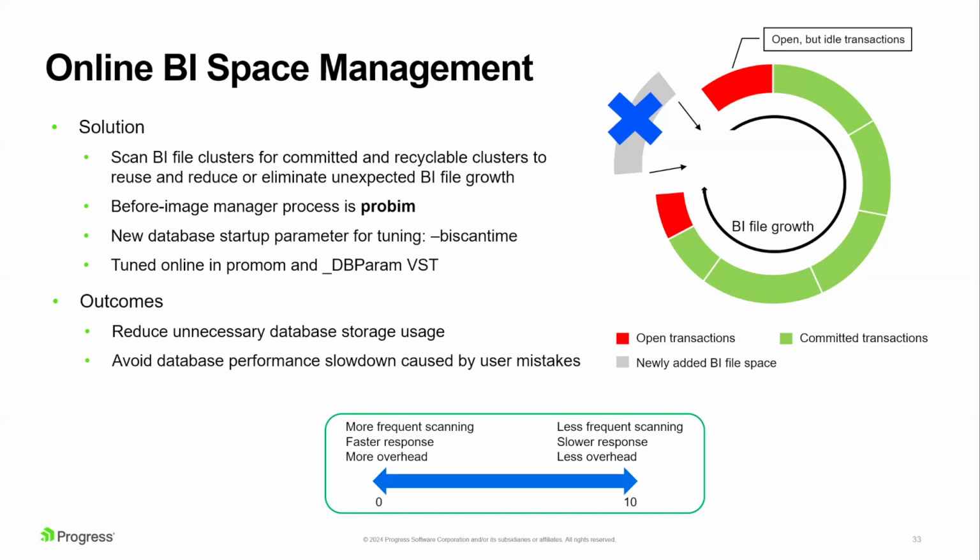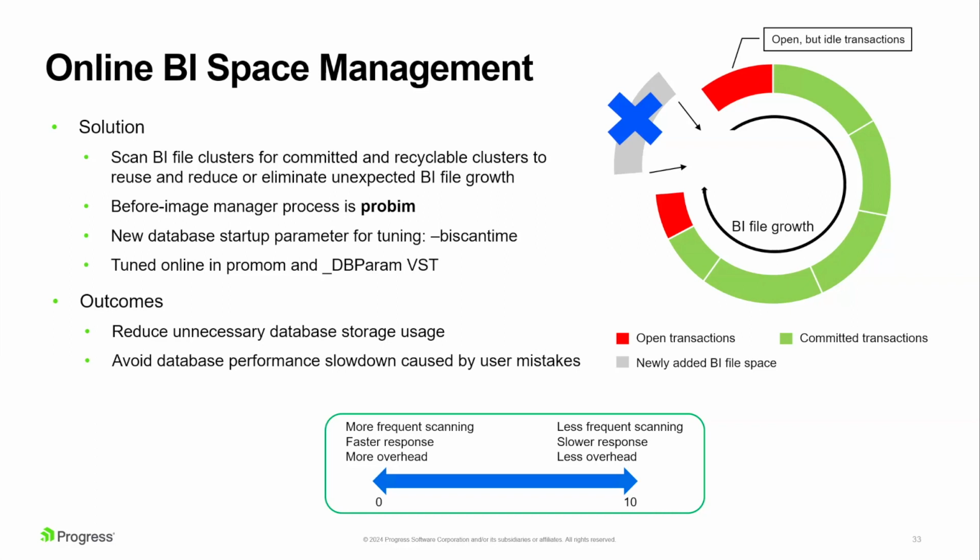The name of this process is ProBIM, for BI Before Image Manager process, and it comes along with a startup parameter to tune it, -biscantime. This parameter goes from 0 to 10. 0 turns the process off, but 0 to 10 indicates how frequently this process scans, basically garbage collecting, to process the ones that are already committed and recyclable.